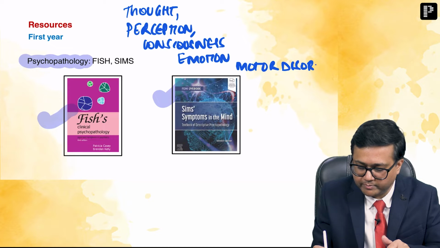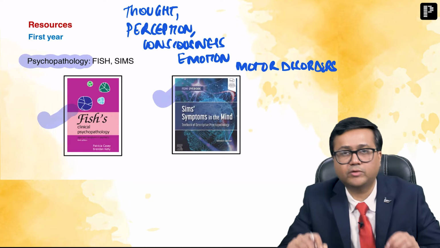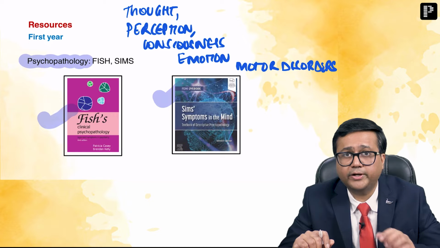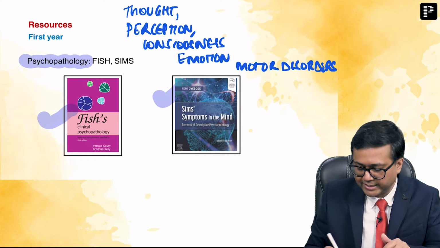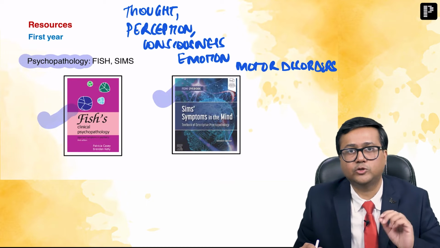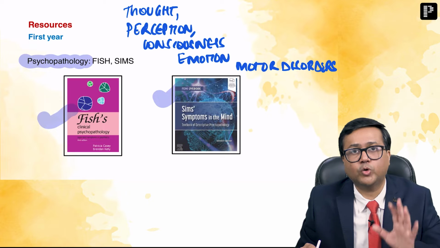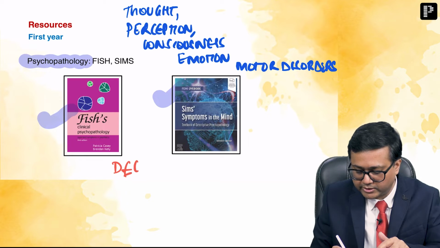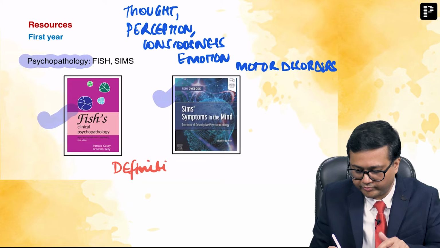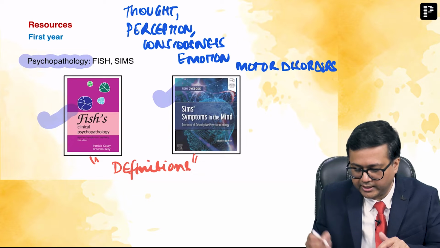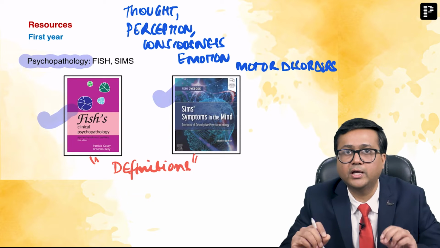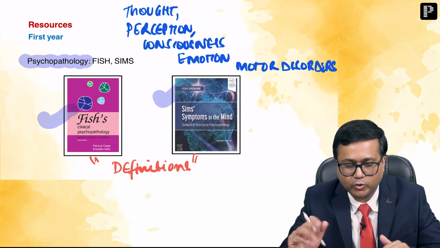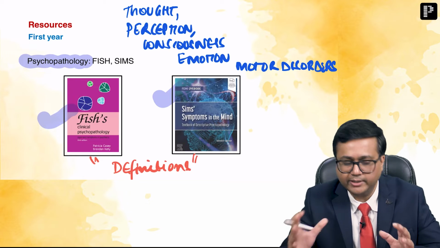So these are some very important topics which one should read from these. And a very important point is definitions. Now in psychiatry, especially in your residency, you should be very thorough with some of the important definitions. You will find definitions in these books, and these are good books to quote some of the important definitions. So for psychopathology, you can follow Fish and Sims.